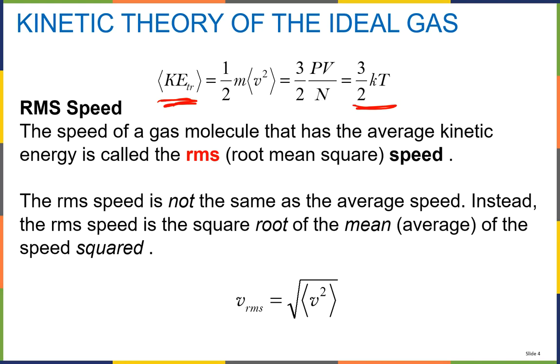And a noble gas. Helium, neon, argon, krypton, xenon, radon. Those are not very common. Those would be monatomic ideal gases. So it's not like we have a lot of them. So for a monatomic ideal gas, this is absolutely true. Kinetic energy average is 3/2 kT.